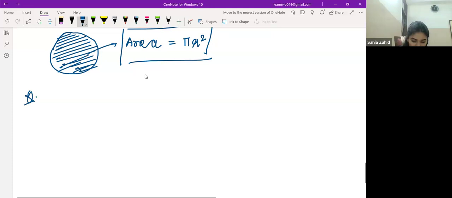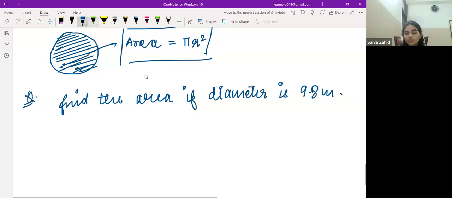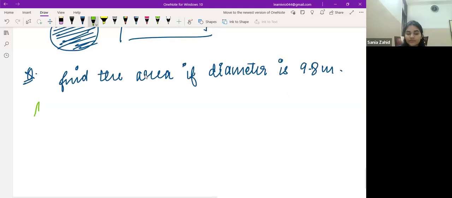Now, for example, I have a question. It says, find the area if diameter is 9.8 meters. So how can I find the area? What is the formula for area first of all?